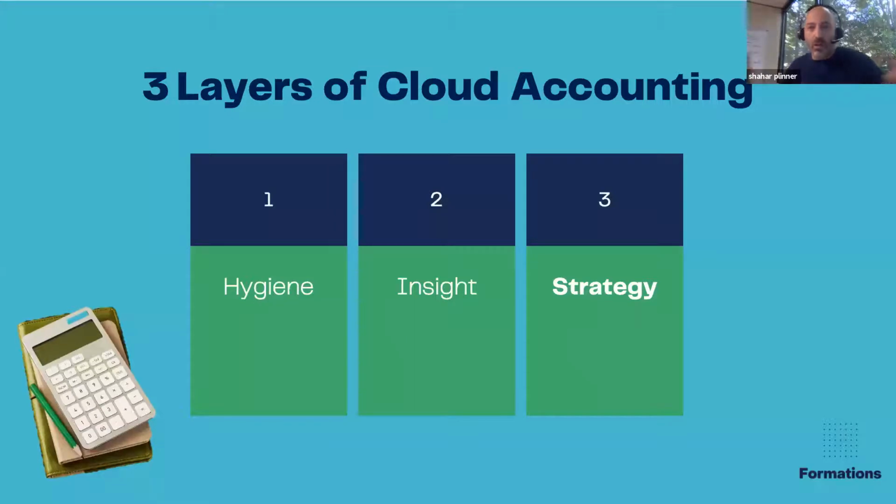In our world, we say that hygiene, level number one, has already been solved. Check the box. There's nothing that needs to be done over there. There are maybe some tweaks which can save time for professionals like you to spend more on insight and strategy.